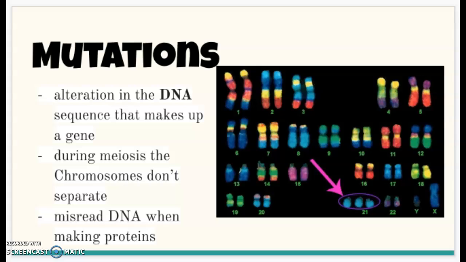This is where there's been an alteration in the DNA sequence that makes up the gene. So during meiosis, when the chromosomes and the DNA are being separated, sometimes they won't separate correctly. So a mutation can happen when there's misread DNA in the protein. For instance, in this particular chromosome set, chromosome number 21 has 3.